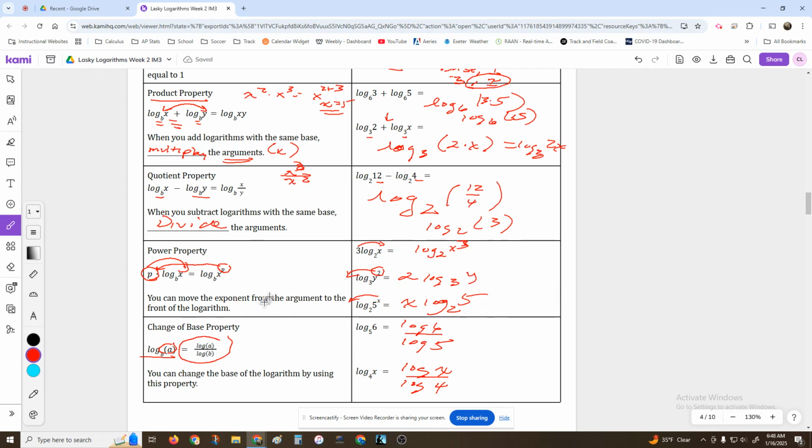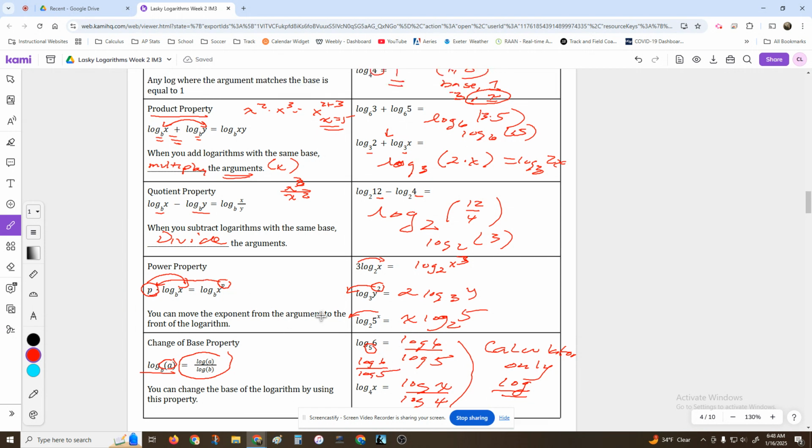So that makes it easy to put it in the calculator, and we use this one because the calculator has only the log function. There's no base to it, so we can't find log base 5 in the calculator, but we can find log 6 divided by log 5 in the calculator. It just lets us use the calculator, that property.